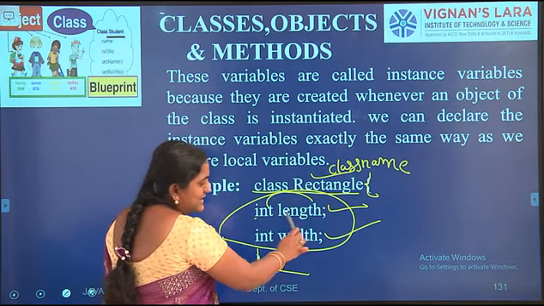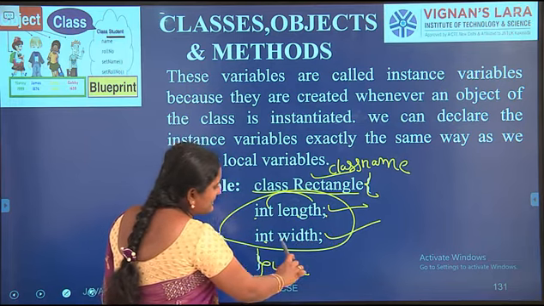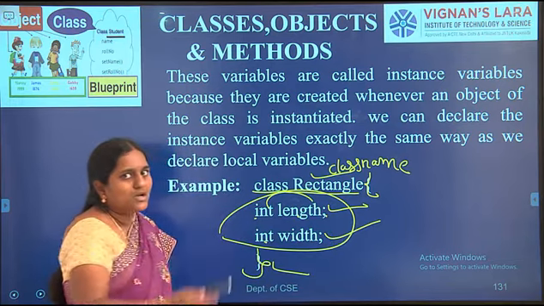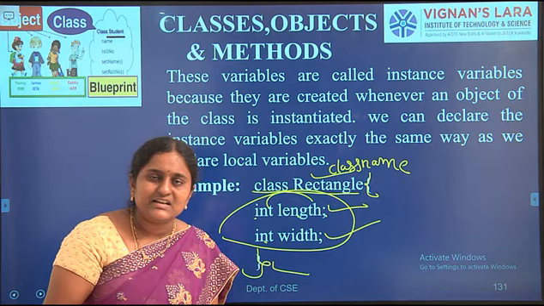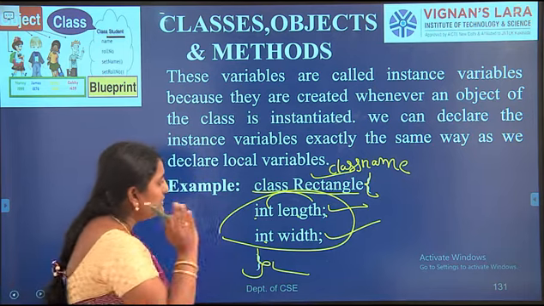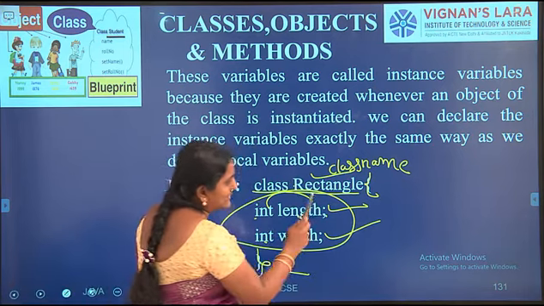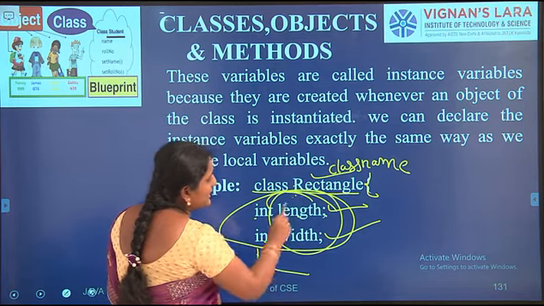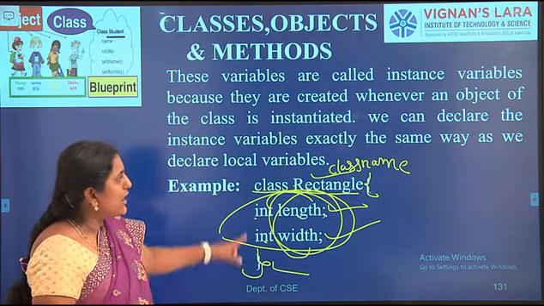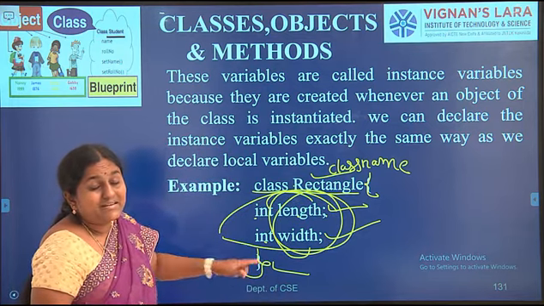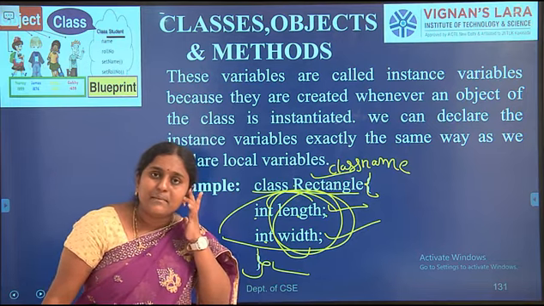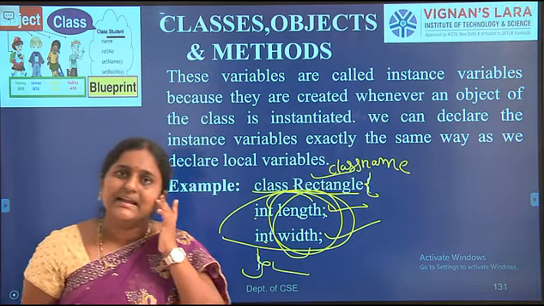The syntax is data type, instance variable 1, data type, instance variable 2. Why do I call them instance variables? Any variable defined within the class is called an instance variable. But instance variables are loaded into memory only when an object of the class is created.